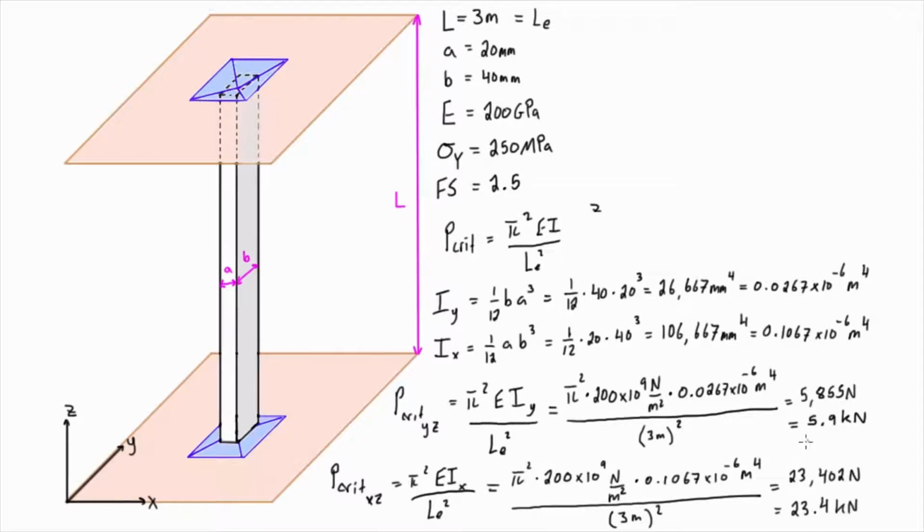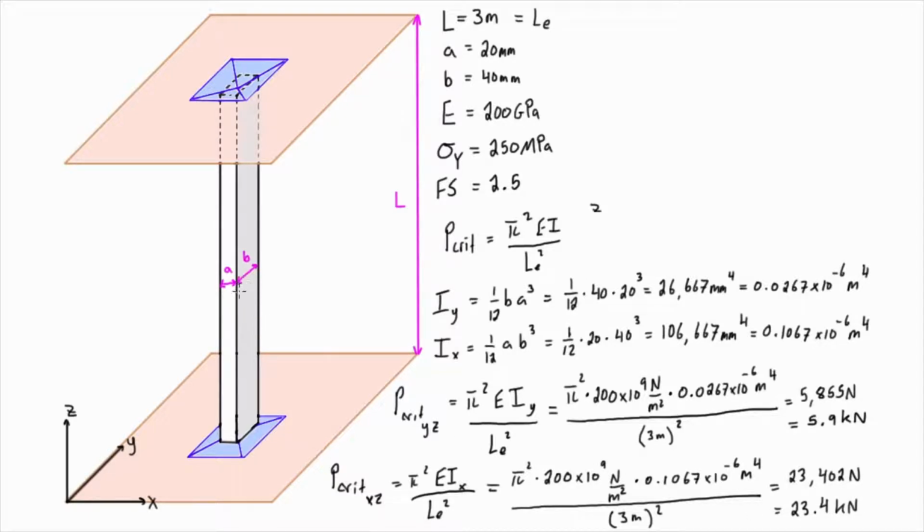And now what we want to do is compare the two different critical loads. For buckling in the YZ plane, the critical load is 5.9 kilonewtons, and for buckling in the XZ plane, our critical load is 23.4 kilonewtons. Intuitively this makes sense.